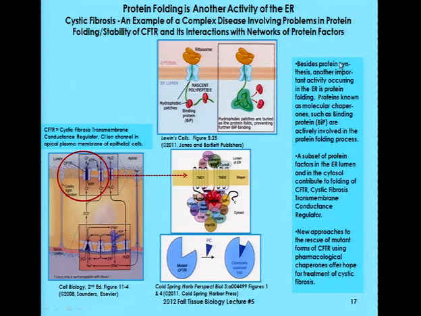Now, in addition to protein synthesis, another important activity occurring with the ER is protein folding. Protein folding occurs as the nascent polypeptide is entering the lumen of the ER, and there are certain proteins called binding proteins or molecular chaperones that will recognize hydrophobic patches along the length of the nascent polypeptide and assist in the folding of a polypeptide.